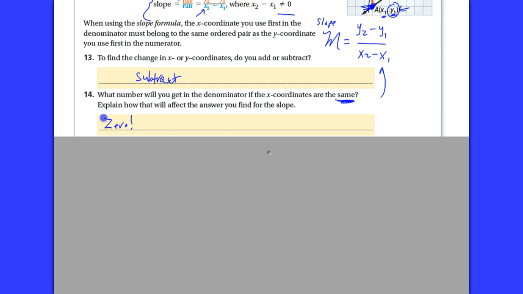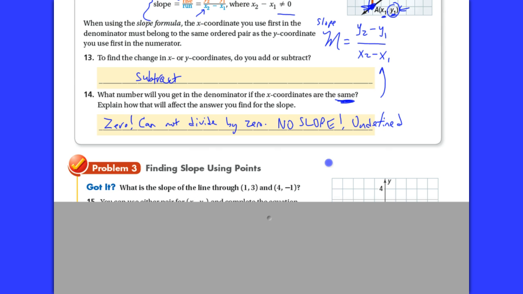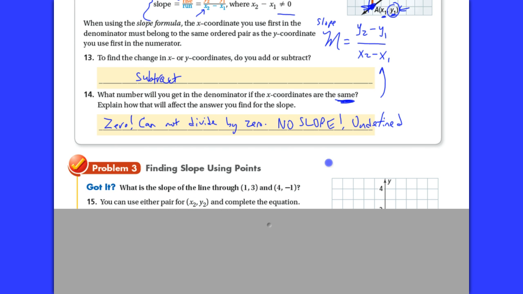Explain how that will affect the answer you have for the slope. Well, you cannot divide by 0. So we say there is no slope in that case if you have 0 on the bottom, or we say it's undefined. You do not call that 0 slope. That's wrong. That's a whole different type of line.